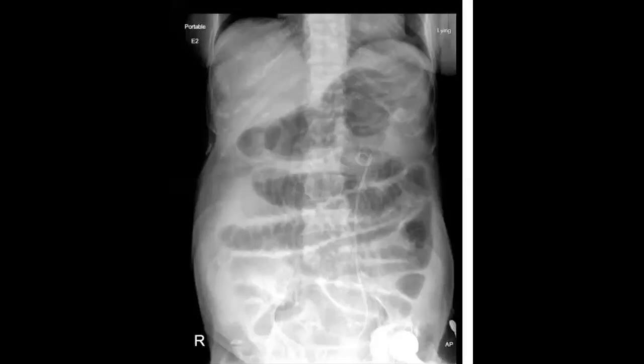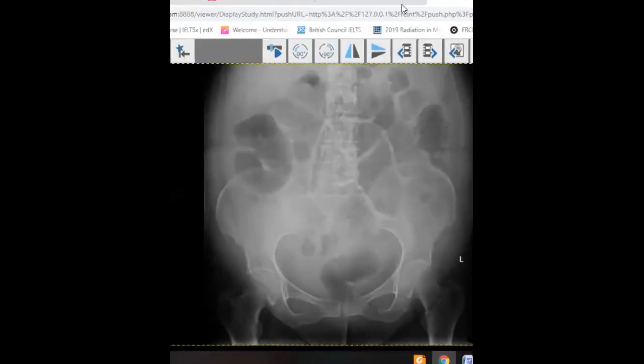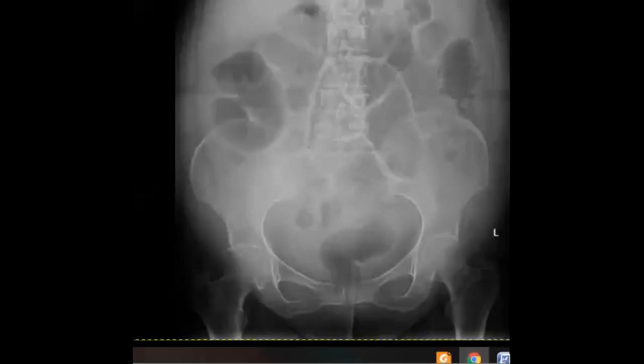Again, bowel obstruction, small bowel obstruction, dilated bowel loops. Here it seems to be like large bowel obstruction with the clue sign. Here the dilated, small or large?